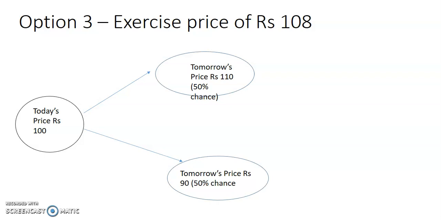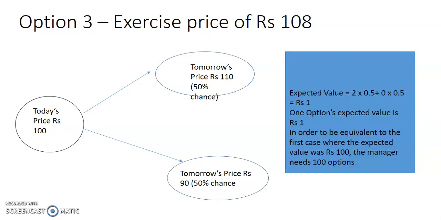The other half of the time, the option expires out of the money and yields zero to the holder of the option. The expected value of an option with a strike price of rupees 108 is rupees 1.